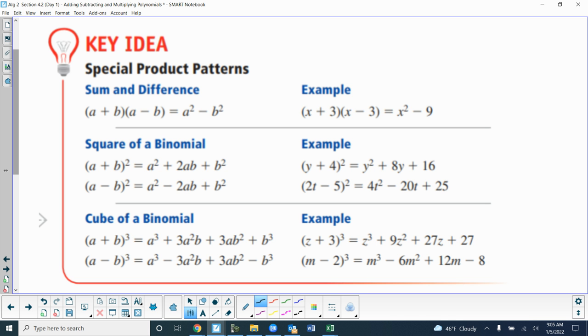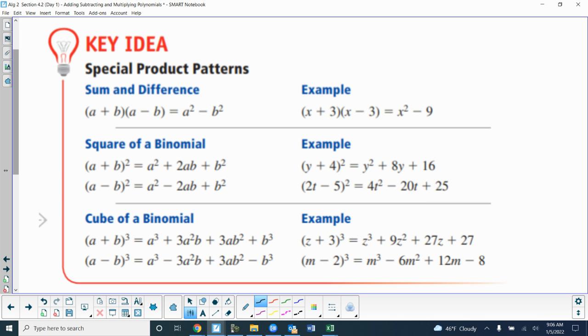And then square the 4, get the 16. For this one, square 2t, you get 4t squared. 2t times negative 5 is negative 10t times 2. That's how that negative 20t shows up. And then square the negative 5, you still get a positive 25. Again, if you don't remember those little patterns, you can just write it twice and FOIL it.